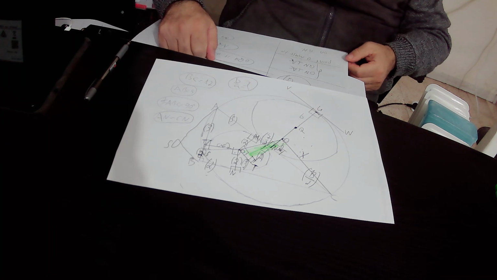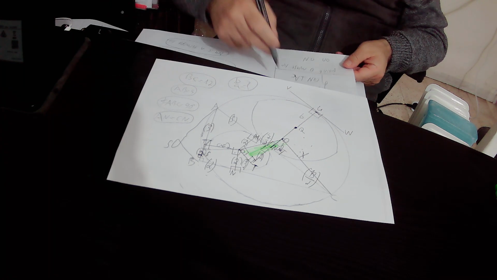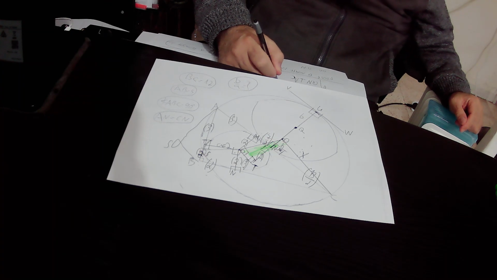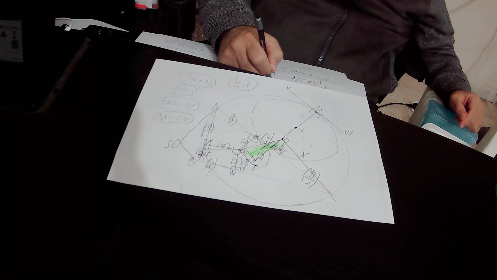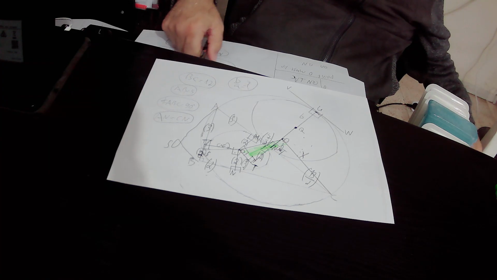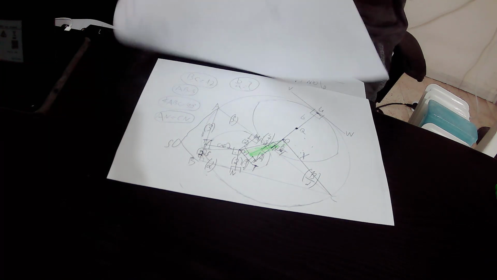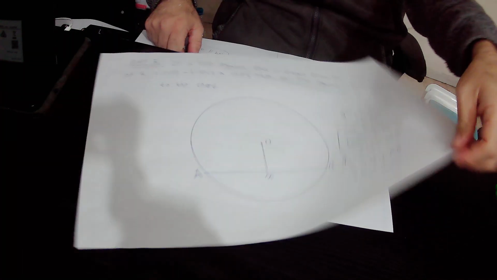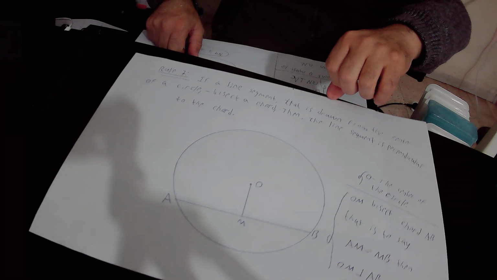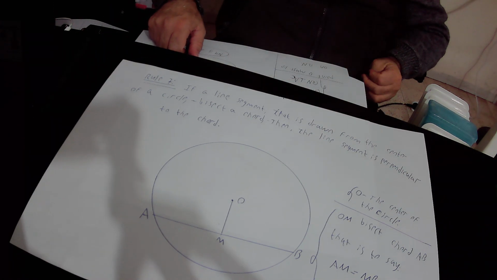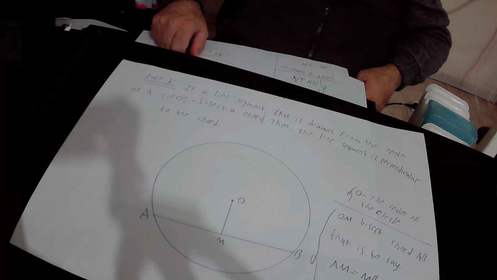Then I presented to you rule number 7 and we implemented rule number 7 in our drawing. According to rule number 7, if a line segment that is drawn from the center of a circle bisects the chord, then the line segment is perpendicular to the chord.